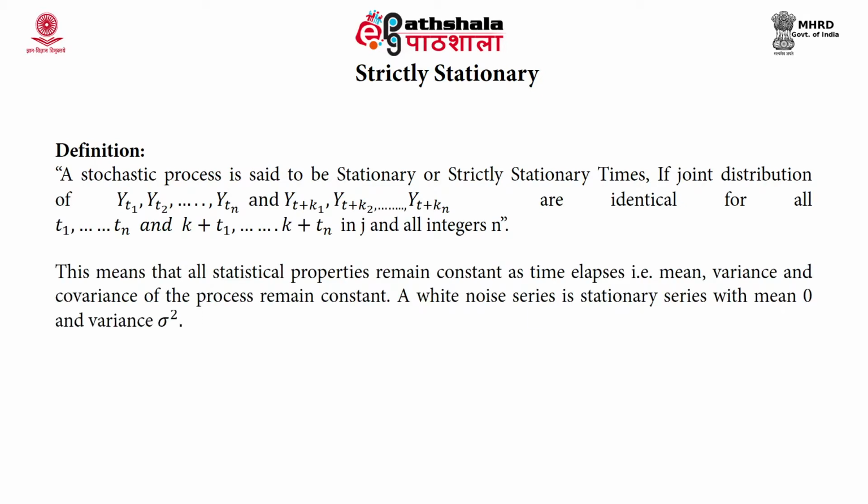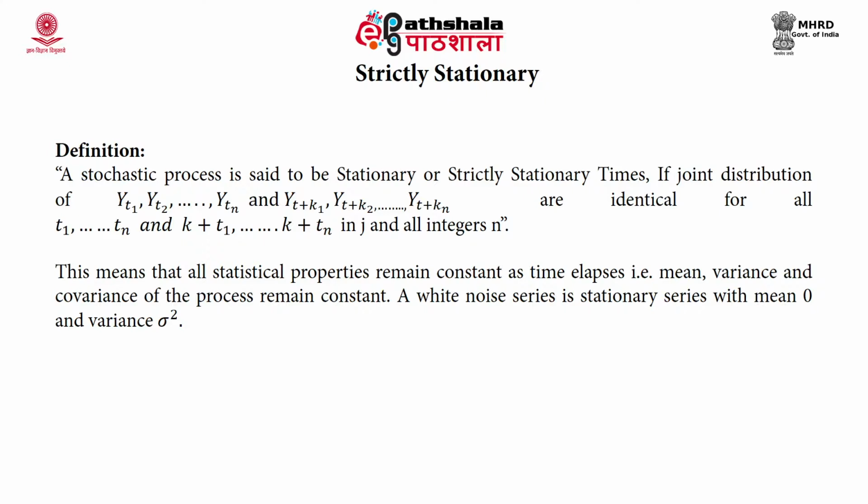The definition of strictly stationary is: a stochastic process is said to be stationary or strictly stationary if the joint distribution of the random variables y subscript t1, y subscript t2 and so on, y subscript tn, and y subscript t1 plus k1, y subscript t2 plus k2 and y subscript tn plus kn are identical for all t1, t2 and tn, and k1 plus t1, k1 plus tn in J, and all integer n.